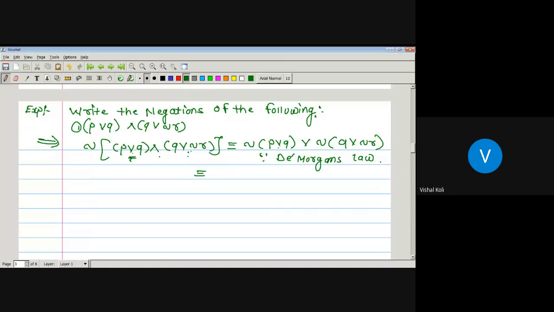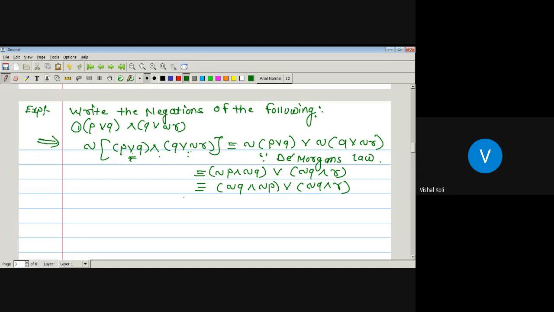By De Morgan's law, negation of (P or Q) is nothing but negation of P and negation of Q. This, or as it is, and negation of (Q or negation of R) is nothing but negation of Q and negation of negation of R. Negation of negation is the original statement, that is R. So here this one is nothing but (negation of P and negation of Q) or (negation of Q and R).